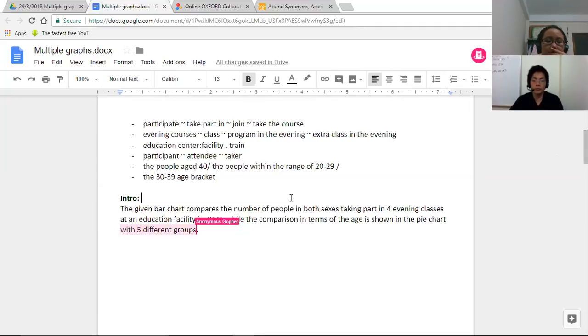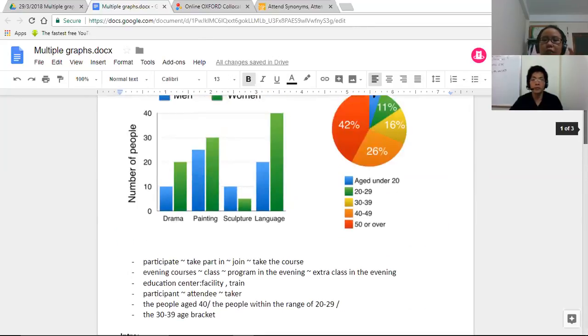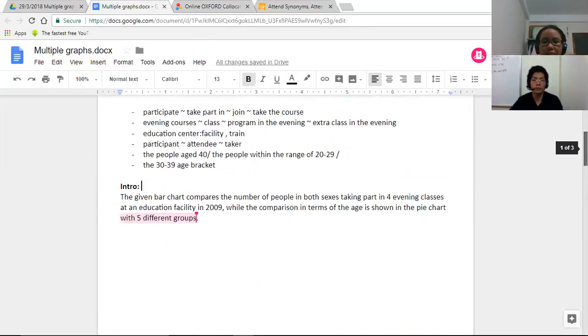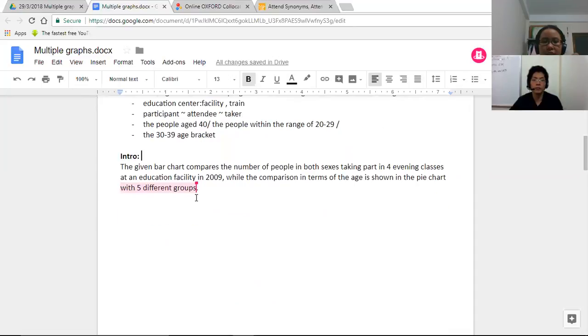Even without looking at the graph, when I read the sentence about the comparison in terms of age shown in the pie chart with 5 different groups, this piece of information is quite difficult to understand because I do not know which group that is.